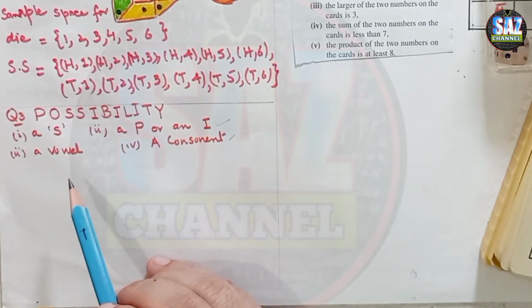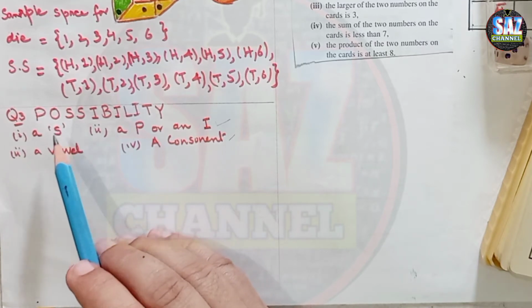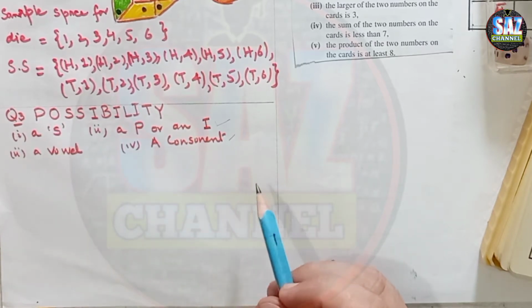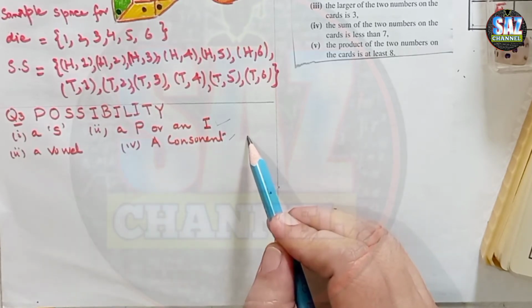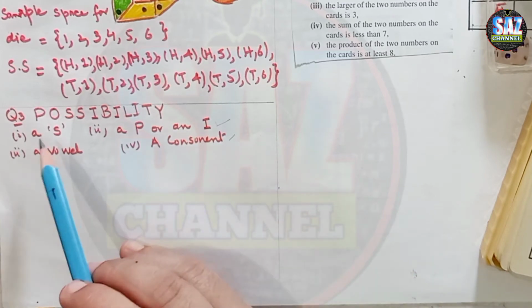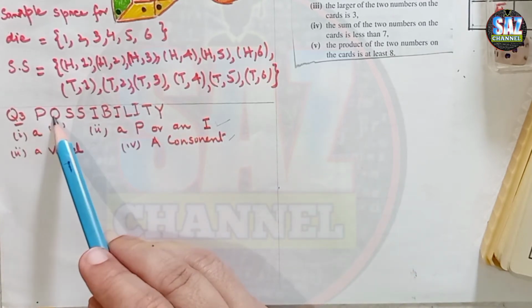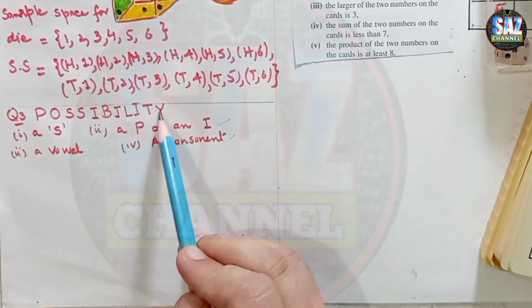Recall the formula for probability: the probability of any event is favorable chances upon total chances. So first of all, we have to see how many total letters are there: 1, 2, 3, 4, 5, 6, 7, 8, 9, 10 and 11.